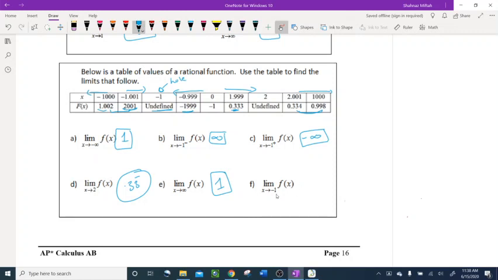Limit as x approaches -1. Do you see the -1, from the left and right? We already did the left and right, which are questions B and C. One is positive infinity and the other is negative infinity, so the limit does not exist.